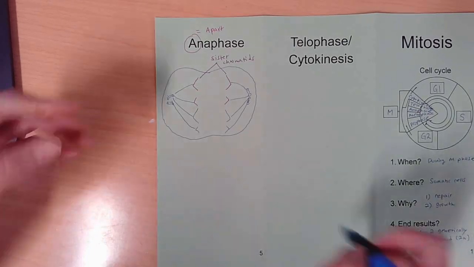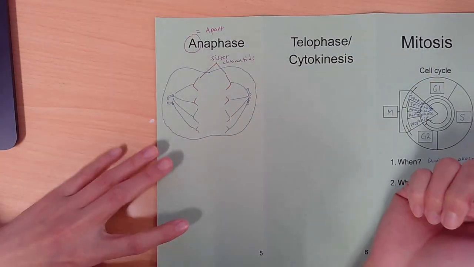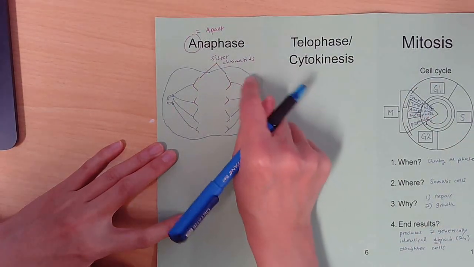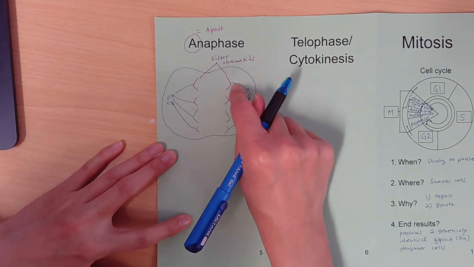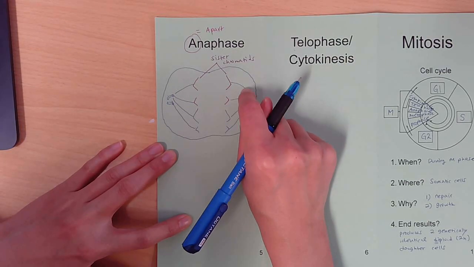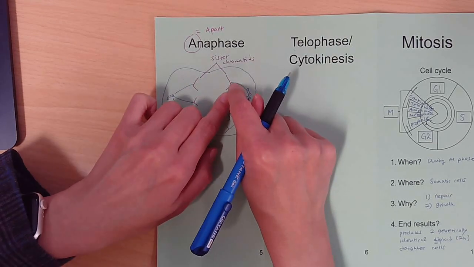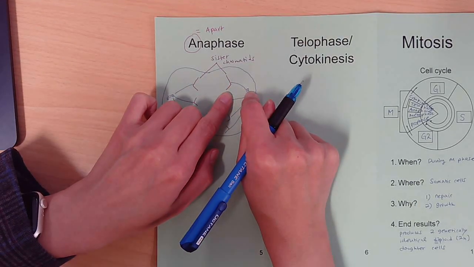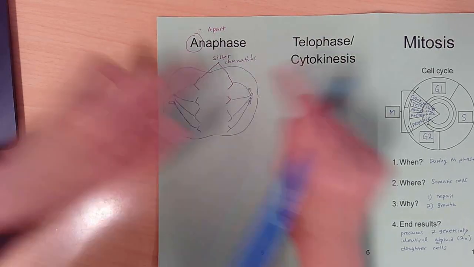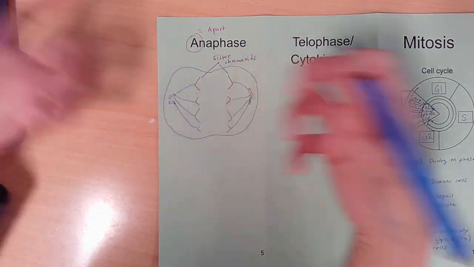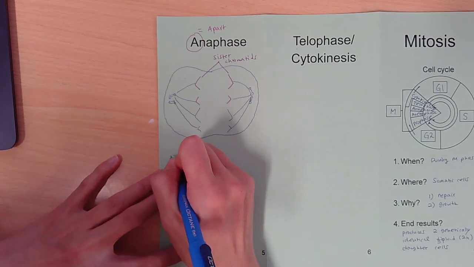So the sister chromatids are being pulled apart to opposite sides. And the way that they're pulled apart is the spindle fiber that's attached to each chromosome is actually becoming shorter. The spindle fiber is depolymerizing, it's getting shorter, and that is able to pull apart the chromosomes to opposite sides.